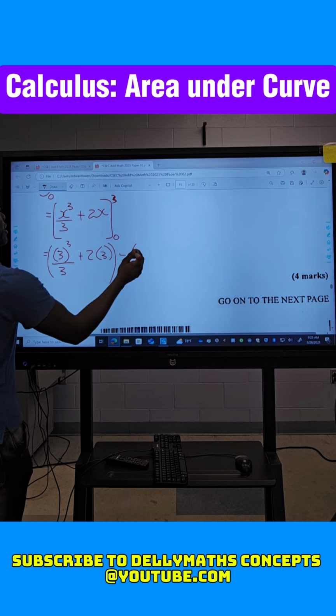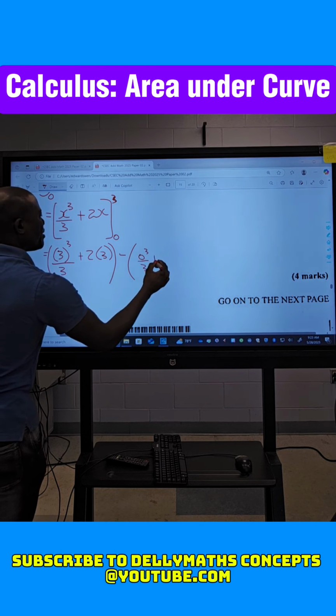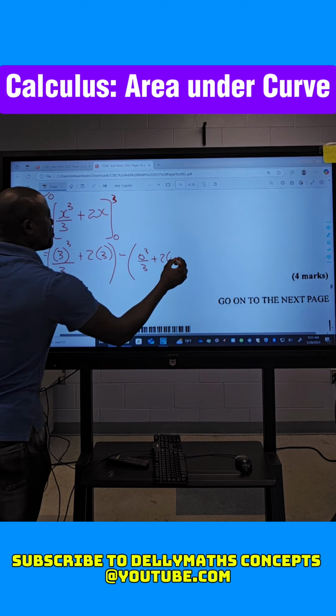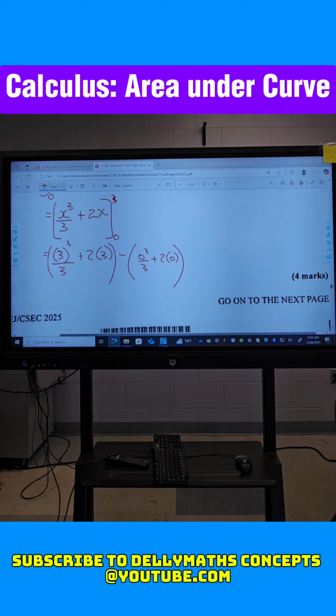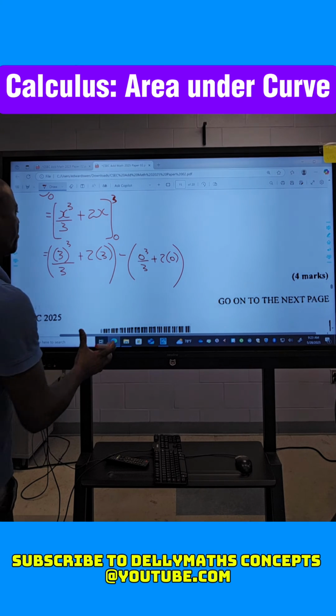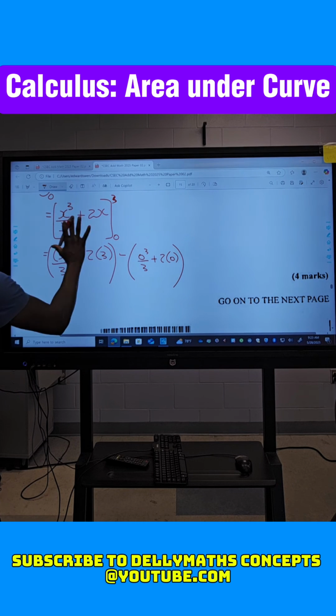We're going to substitute the lower limit now, which is 0 raised to the third over 3 plus 2 times 0, and we close that out. So there it is. Now when we come up with this value, what we're actually finding is the area covered under that curve.